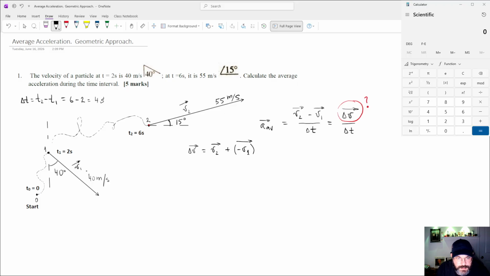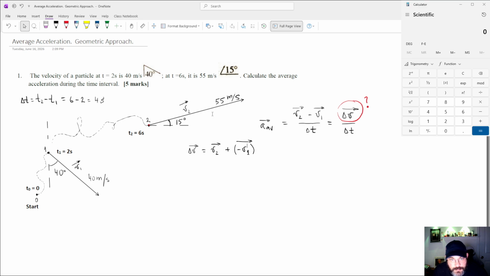And minus v1 is the same vector as v1, so just flipped in the opposite direction. Okay, we are going to use tip to tail rule and then sine and cosine law to calculate everything like in the triangle, which we are going to form after we apply that addition rule for these two vectors.